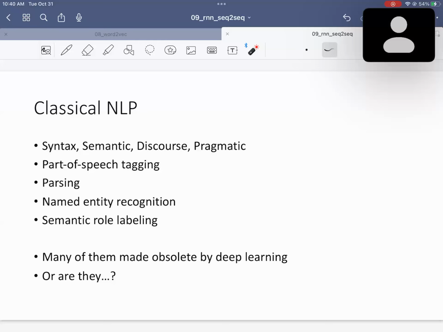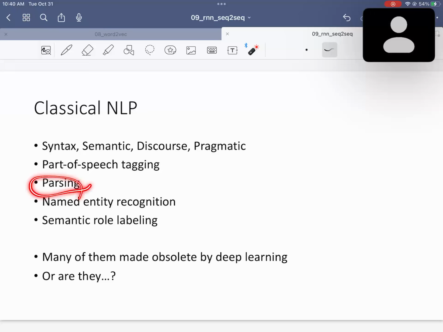And in order to extract all these different levels of information from a text, they would usually apply all these different techniques, like part of speech tagging: if we have a sentence coming in, what is the part of speech, whether it's a pronoun, noun, verb, adjective, or adverb, for each word.